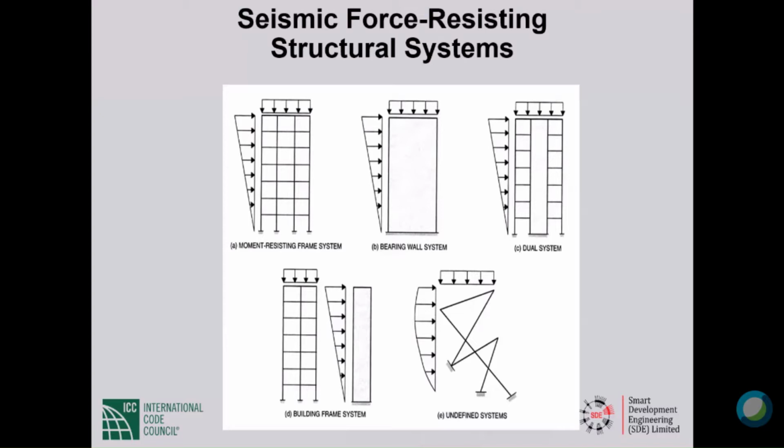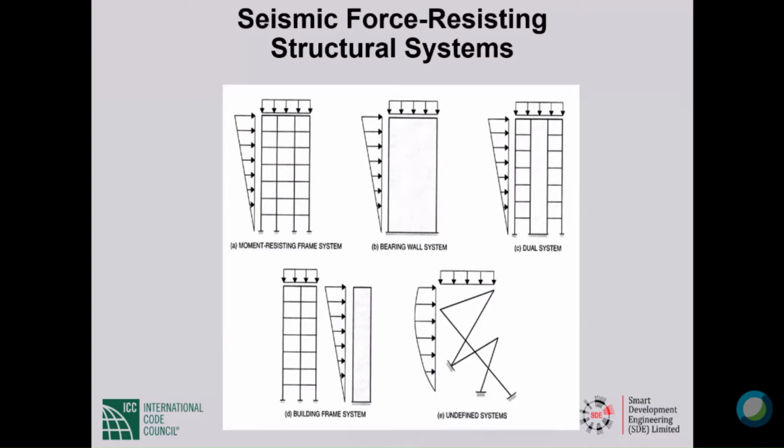Okay, so essentially complete frames carrying substantially all the gravity and 100% lateral force resisting shear walls. Okay, so gravity resistance is separated from lateral resistance. In that type of a system, something very important is deformation compatibility.